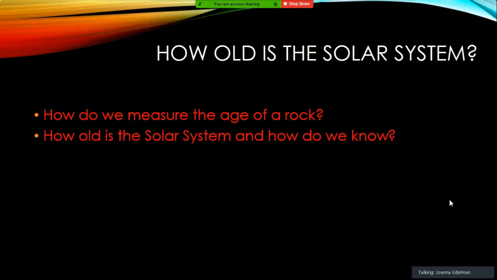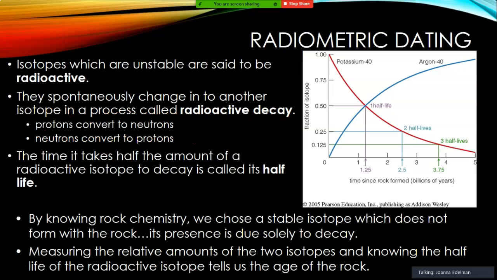So you may ask, okay, how do we know the age of our solar system? Because we keep talking about this 4.6 billion years old number, but how do we know that that's exactly what it is? Well, we use what's known as radiometric dating. Radiometric dating is possible because of radioactive elements that go through radioactive decay over time.